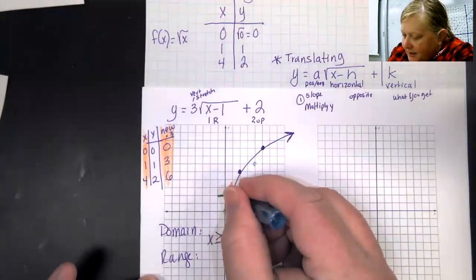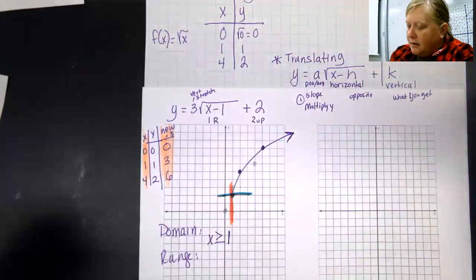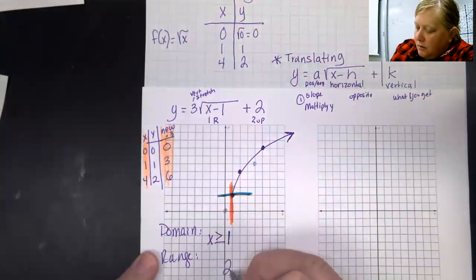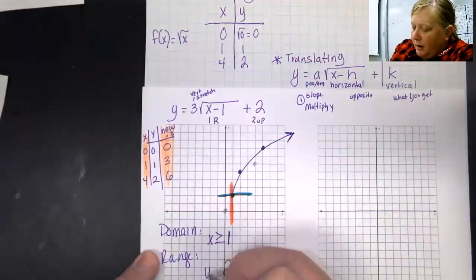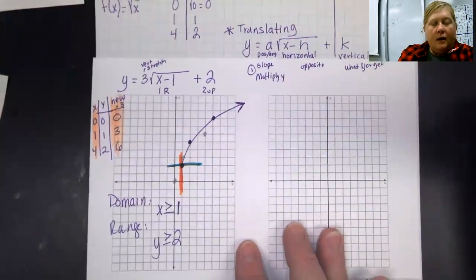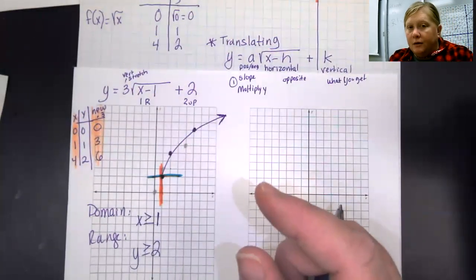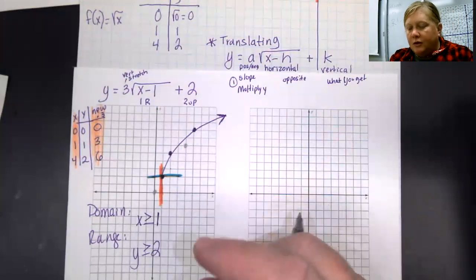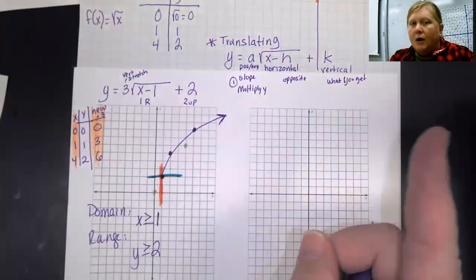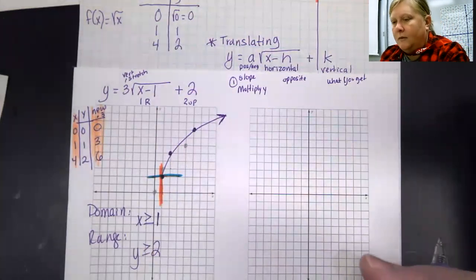Range. Where do I start? I start at 2, and it looks like I'm 2 and above. So Y is greater than or equal to 2. And you might notice that whatever you translate, it's going to be your new domain and range. So you can almost come up with domain and range before you even get started.